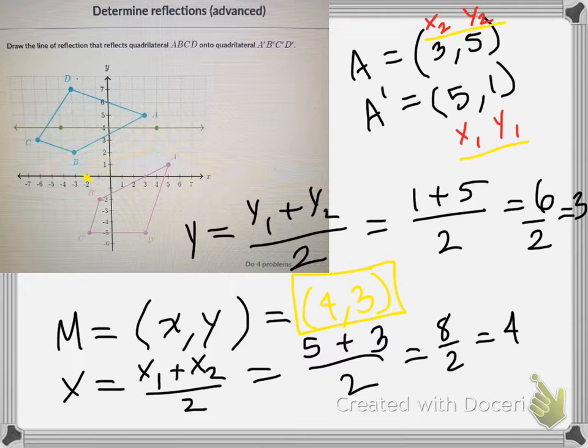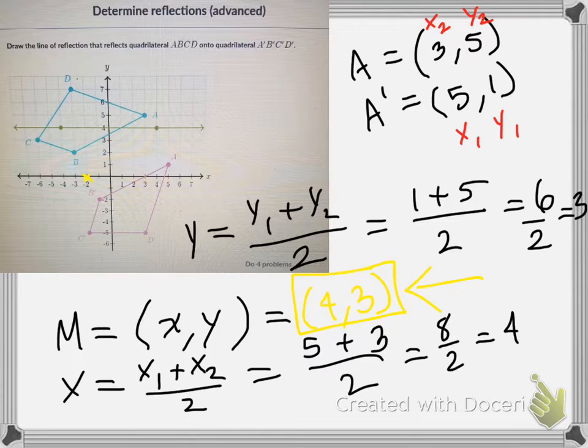Before this was x1, y1, now it's the bottom. It still will get the same answer. Always make sure that you put 1, 1 on both and then 2, 2. You can't do 1 and then 2. That would be wrong. You have to make both of them 1 and then both of them 2. So hopefully you got 4, 3.